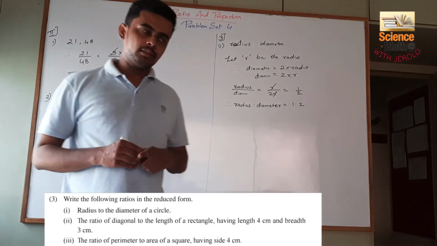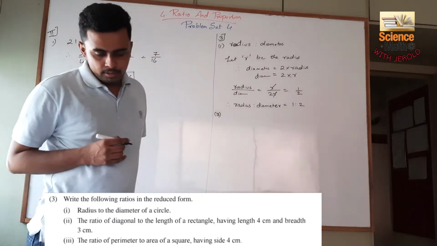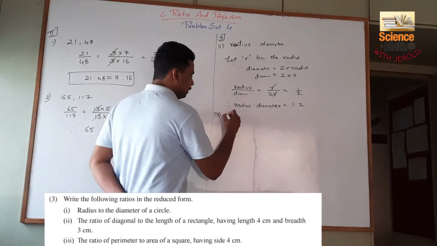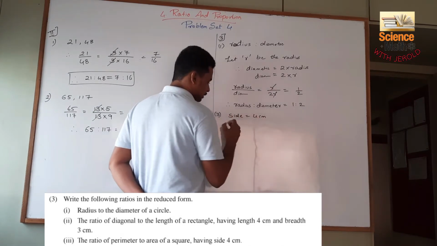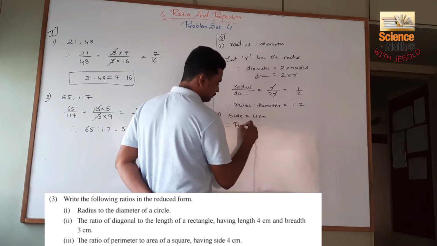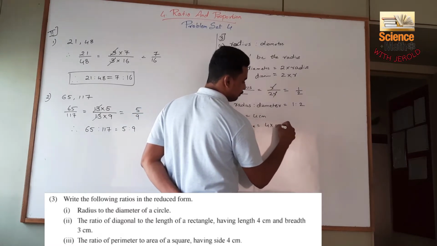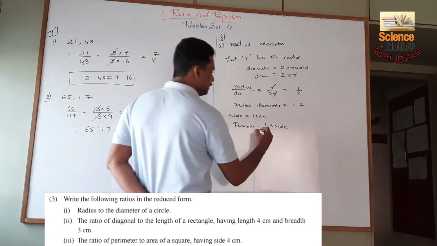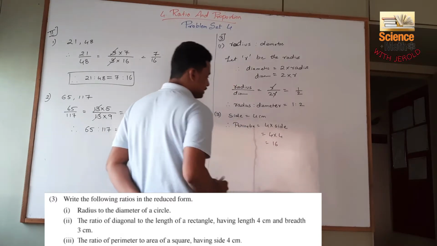Now let's check the third sub question in this question. What is it? Ratio of perimeter of the square to the area of the square. The side is given as 4 centimeters. Therefore perimeter is equal to 4 multiplied by side. Perimeter of a square, as we all know, the formula is 4 multiplied by side. Therefore 4 into the side's value 4 will give me 16.